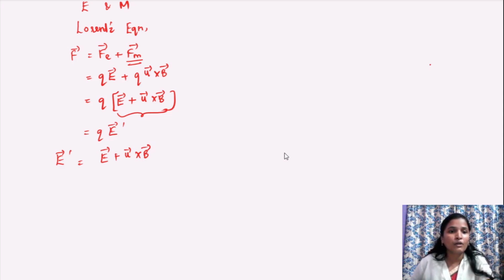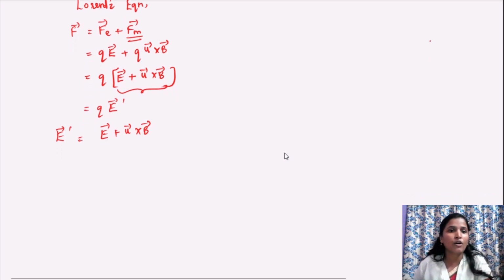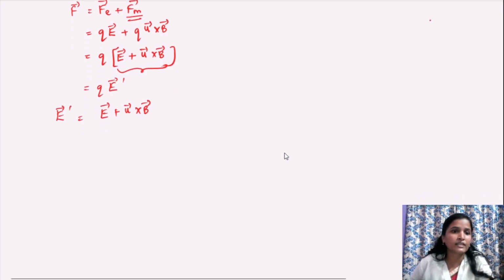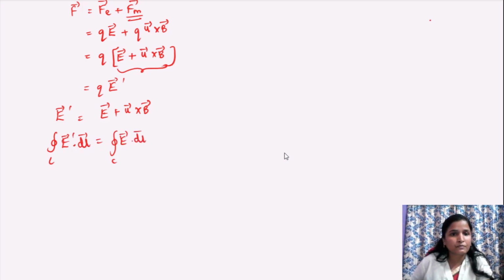Okay, in order to relate it, we are going to take the line integral of this equation. The closed line integral of E dash dot dl is equal to the closed line integral of E dot dl plus the closed line integral of u cross b vector dot dl.